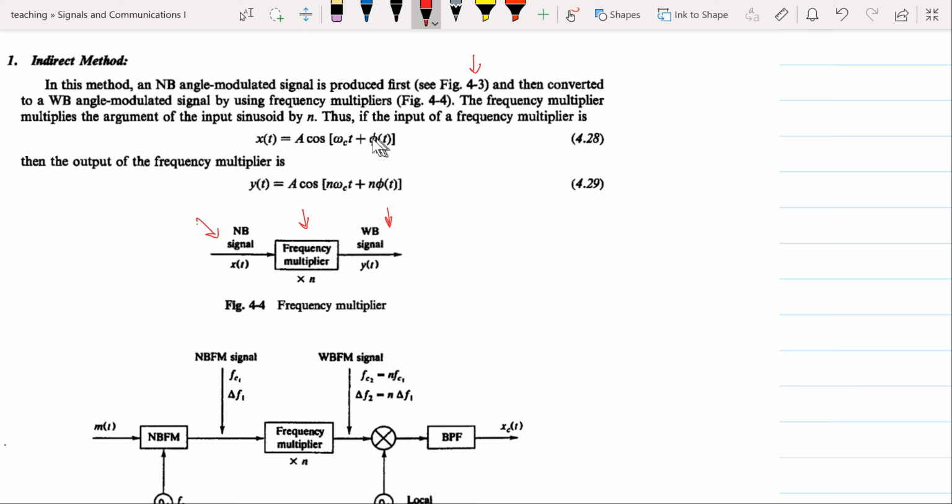Consider the input frequency of the frequency multiplier; this is what you get after you have generated the narrowband signal. The output from the frequency multiplier is that every component of the frequency will be multiplied by n, and therefore you see an n introduced at the carrier frequency and an n introduced at the phase of the narrowband signal.